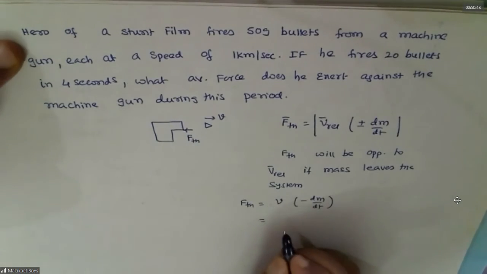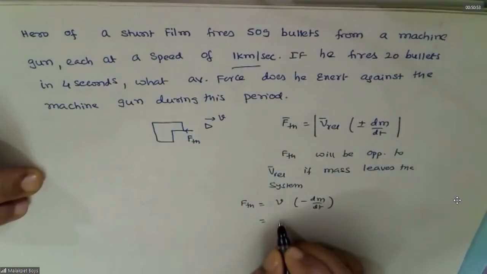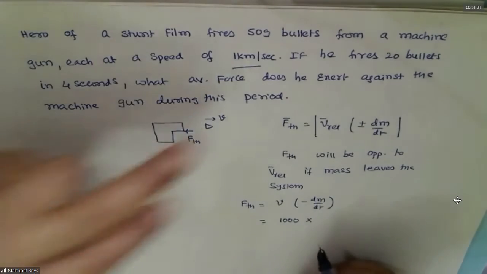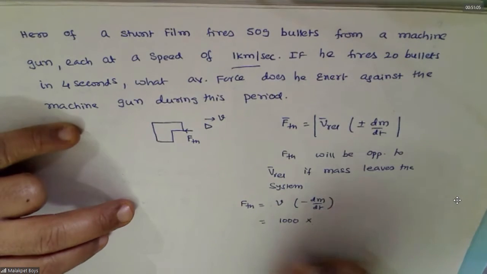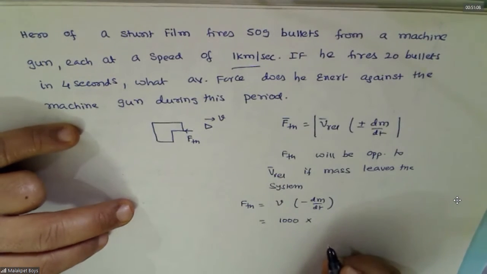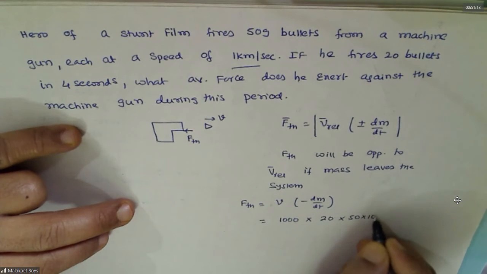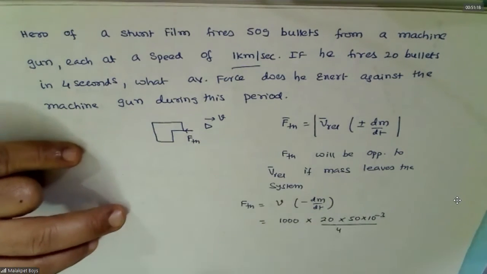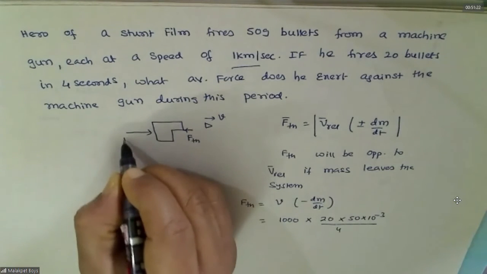What is the velocity? 1 kilometer per second. The negative sign indicates that mass is lost. How much is lost? 50 grams. How many bullets are there? 20 bullets in 4 seconds. In this direction, no? Yes, sir. Now to hold the gun, you should apply this force against the gun or not?